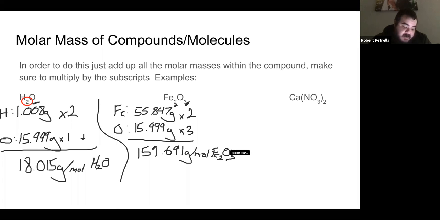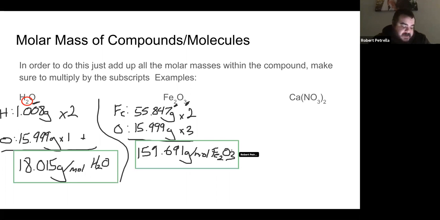And that's, again, just how we're calculating the molar mass of a compound. So that's water, that's iron oxide, which happens to be rust.